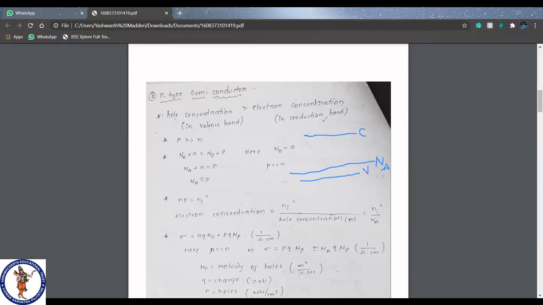That particular acceptor level has holes. A hole is nothing but a lack of electrons. So here there are electrons, still at 0 kelvin, let us assume.